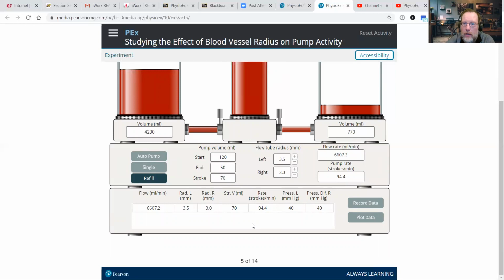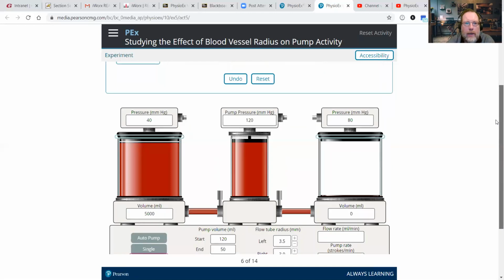And we know that cardiac output, we can find that number by multiplying stroke volume times heart rate. So stroke volume is 70, heart rate is 94.4. We multiply those two numbers, we're going to get a cardiac output or flow of 6,607 milliliters per minute.